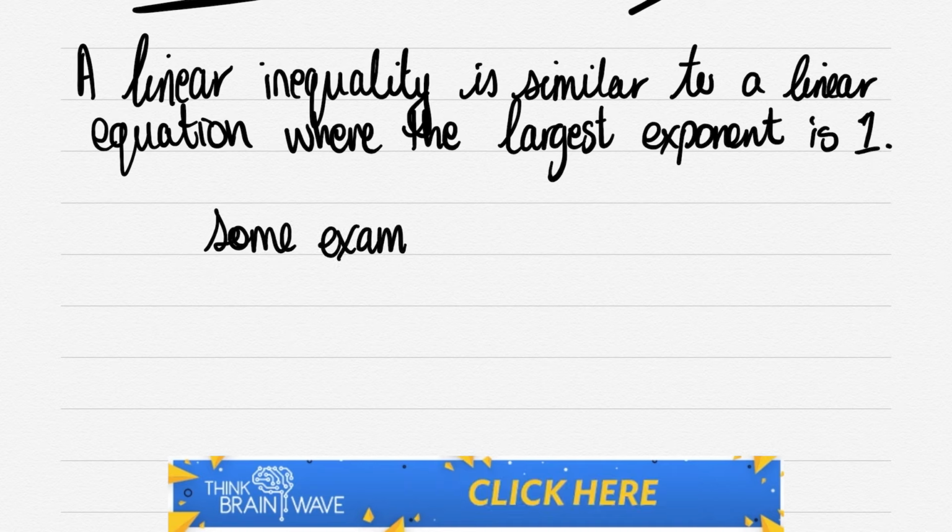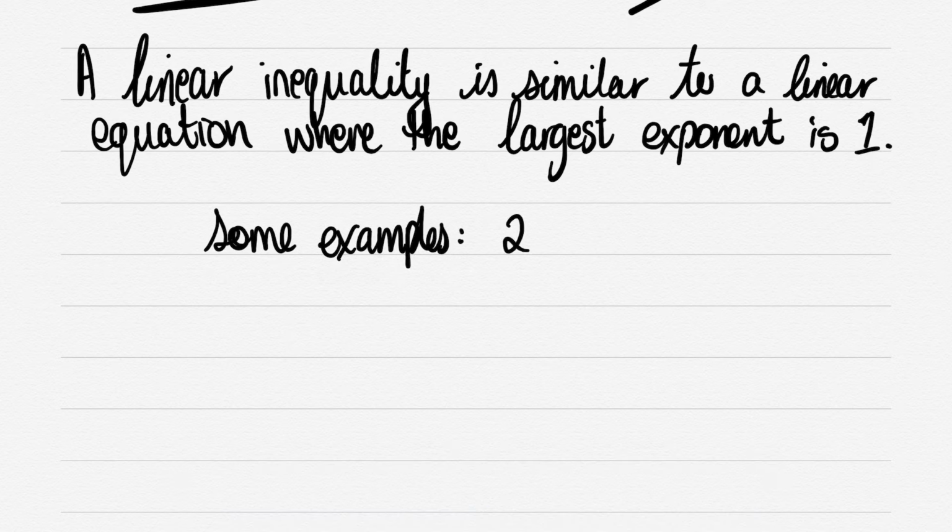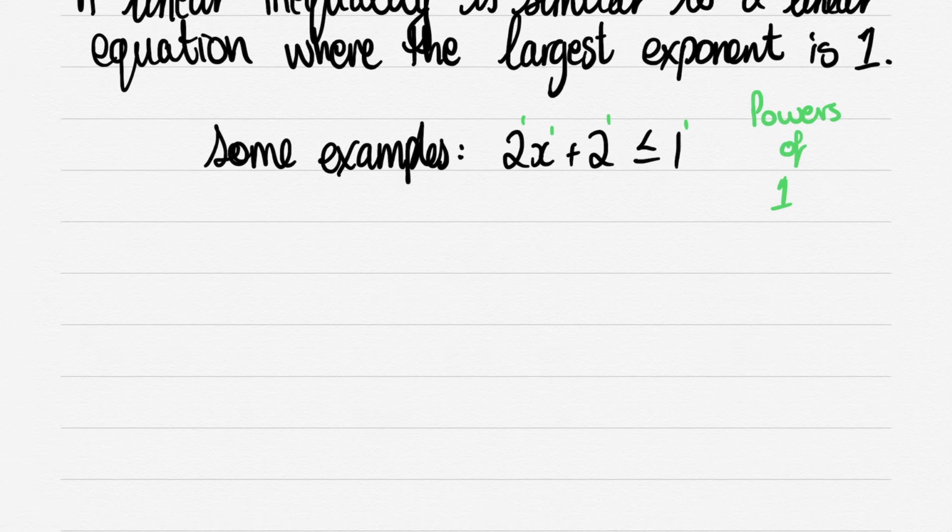A linear inequality is similar to a linear equation. The largest exponent is 1. Linear means that if, for instance, you have the equation y is equal to mx plus c, we know that is our straight line equation. It's also known as the linear equation. However, if you had mx squared plus bx plus c, that would all of a sudden become quadratic because of the squared sign.